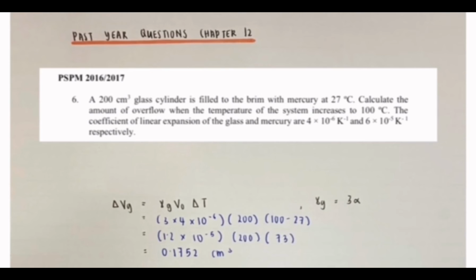So we use the formula delta Vg equal to coefficient of volume expansion of glass times V naught times delta T, where the coefficient of volume of glass equals 3 alpha. So we substitute the value and we get 0.1752 cm cube.